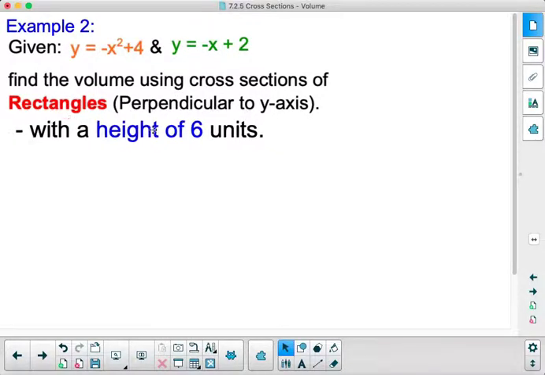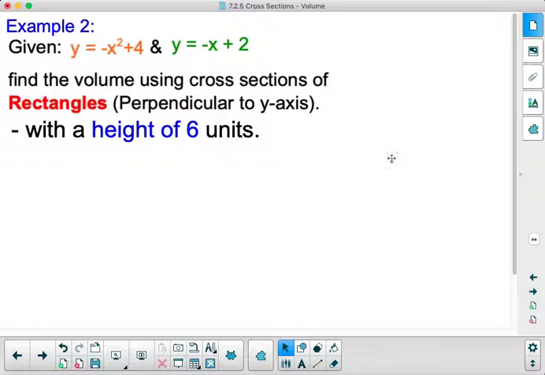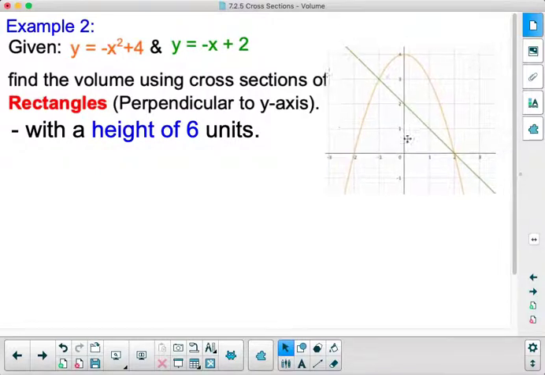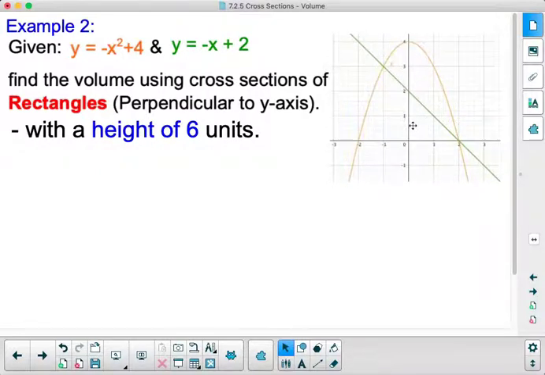Let's take a look at my graph here. What does this look like? This is going to be different now. If you graph those two pieces, you have your line, which is the green one. You have that parabola going downward as the orange one. What we want to do now is stack these rectangles between the two functions.